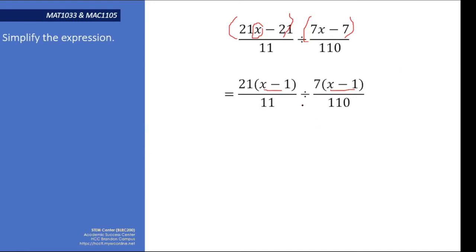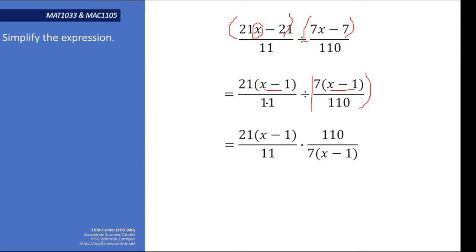Now, for dividing two fractions, the procedure is that we multiply by the reciprocal, in other words, the flipped over version of the divisor, which is the fraction that you are dividing by. So we take this same fraction and then we multiply, instead of dividing, by the flipped over version, which is called the reciprocal of the divisor.